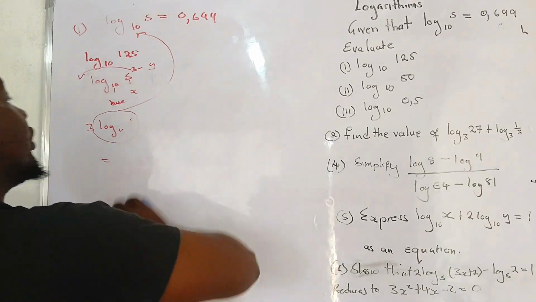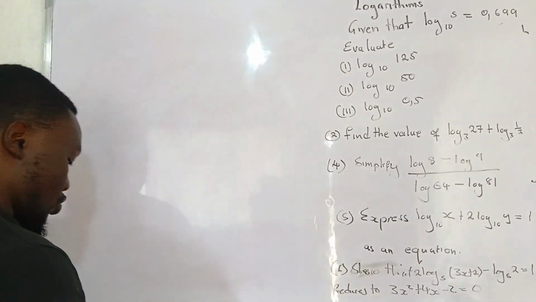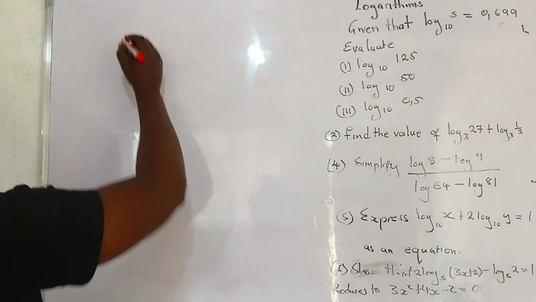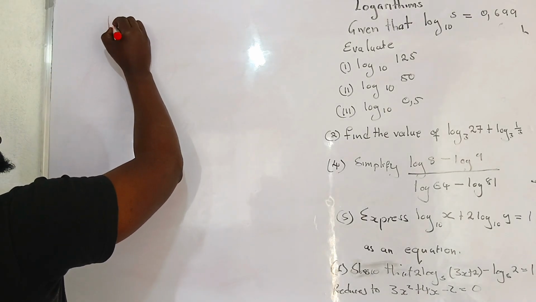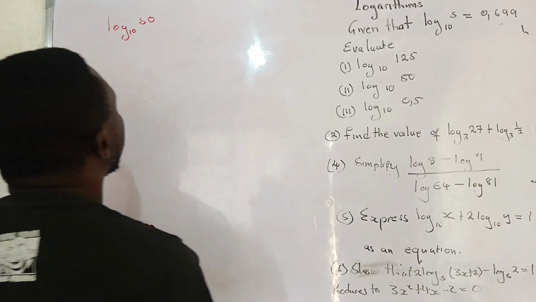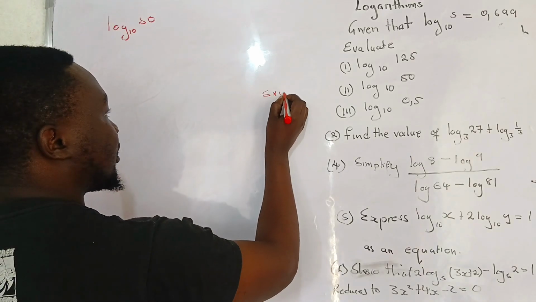So let's solve the next one. Log of 50 base 10. What's the relationship between 50 and 10? I think it's 5 times 10.